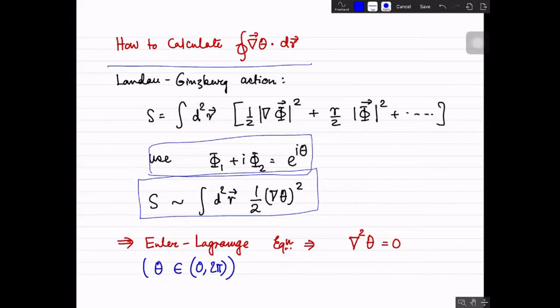Then you try to extremize this, and that gives the Euler-Lagrange equation for this action. You want to find a solution of this with these periodic boundary conditions and the fact that you have a UV regulator. You would immediately see that you land up with Bessel functions of the first kind and integrals of the Bessel functions.